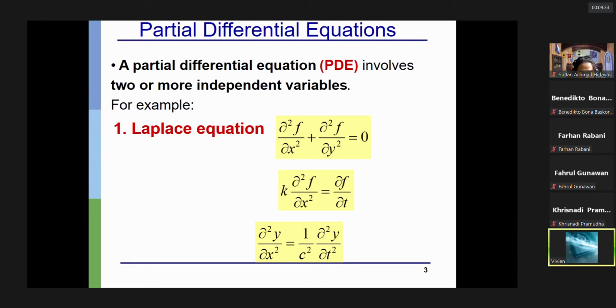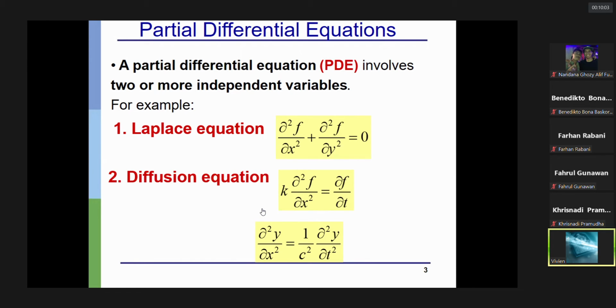For example, the Laplace equation: the second derivative of f with respect to x plus the second derivative of f with respect to y equals 0. In this case we have two independent variables, x and y, so we have a distribution in space, in the x and y directions.